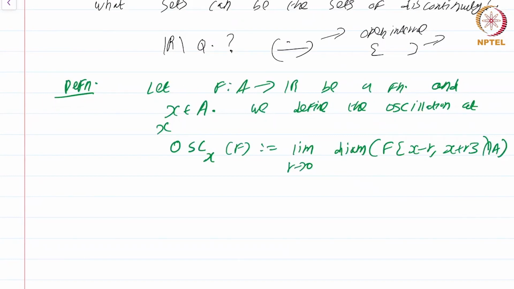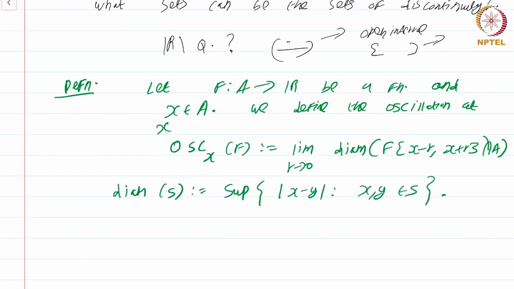Well, the diameter of a set S is just the largest possible distance between two points of S. How do we capture that? The diameter of the set S is defined to be the supremum of the modulus of x minus y such that x, y come from S.